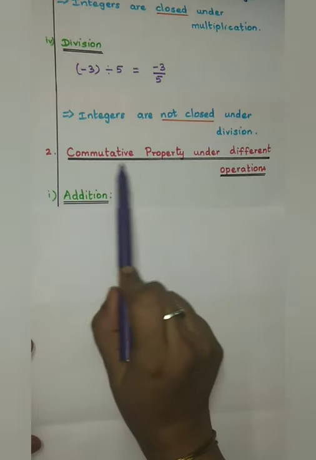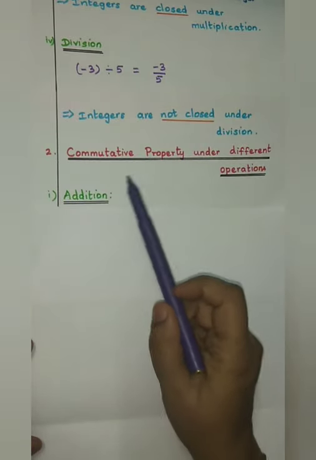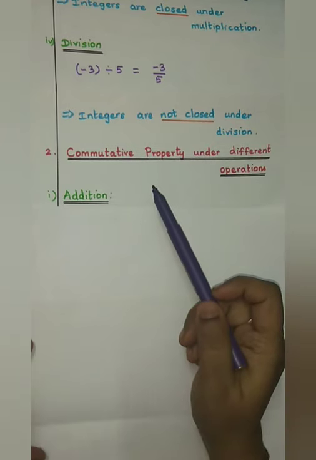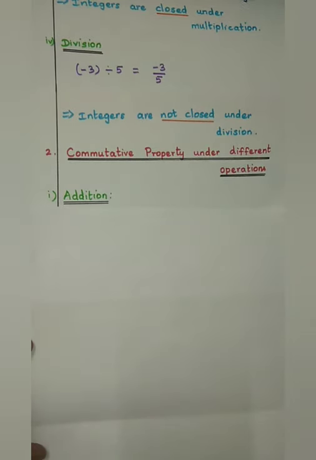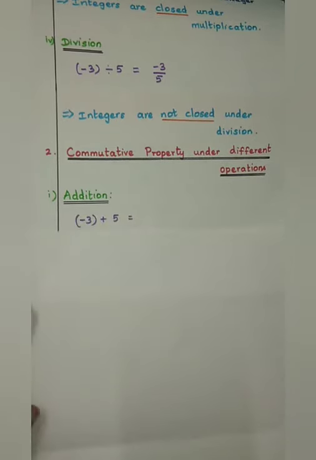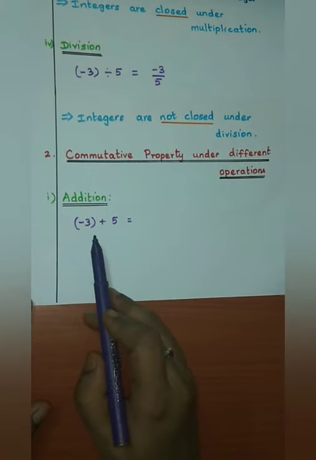Second property, commutative property. Let us see whether addition of integers is commutative. Commutative property says that the order in which we add two integers does not matter. Take any two integers. I have taken here minus 3 and 5.